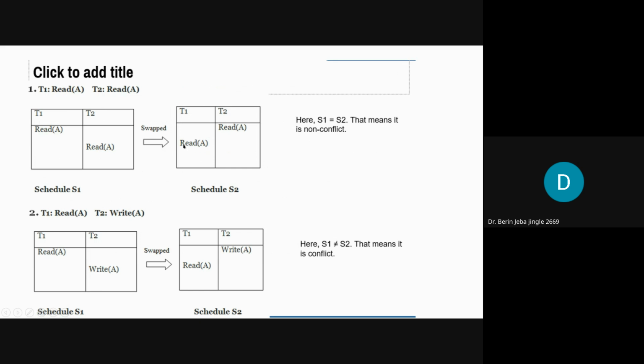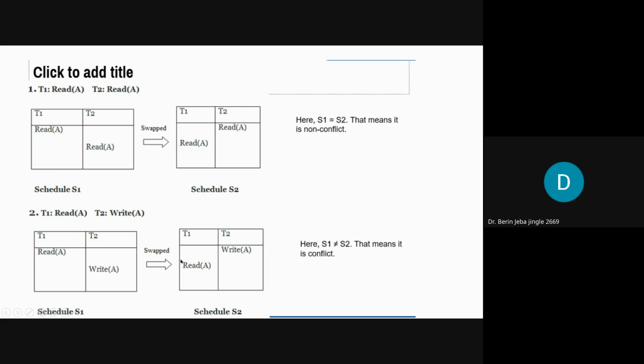First the T2 read operation is done, then the T1 read operation is done. So S1 is equal to S2. This means there is no conflict. Schedule 1 and schedule 2 give the same result, so in this case there is no conflict.